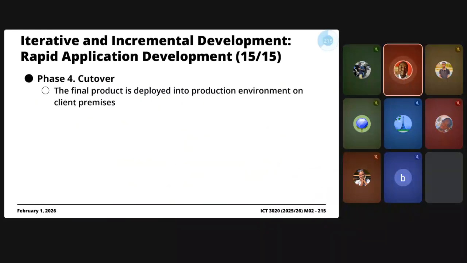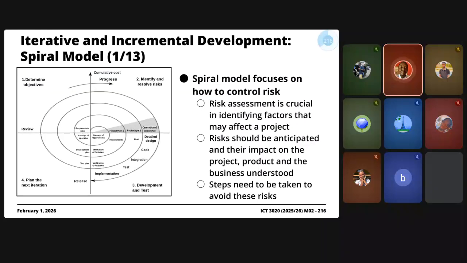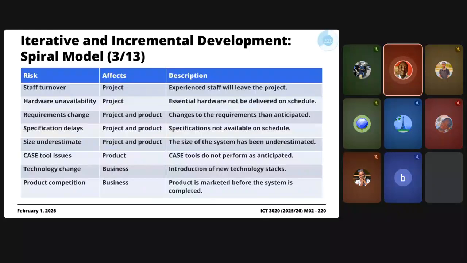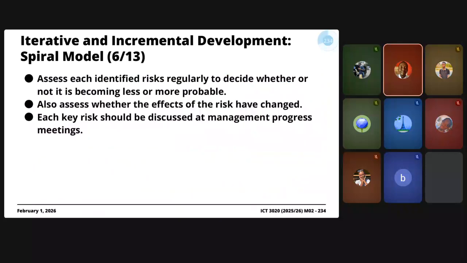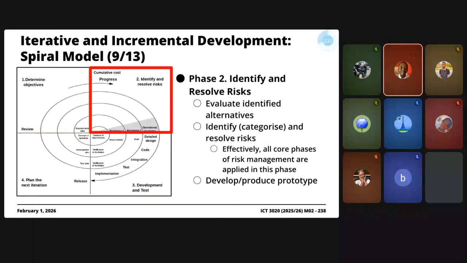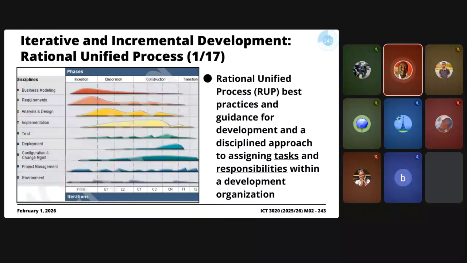We're supposed to look at the spiral model. These are all classic software process models. And then after our discussion of the spiral model, I believe there should be RUP, which is Rational Unified Process.